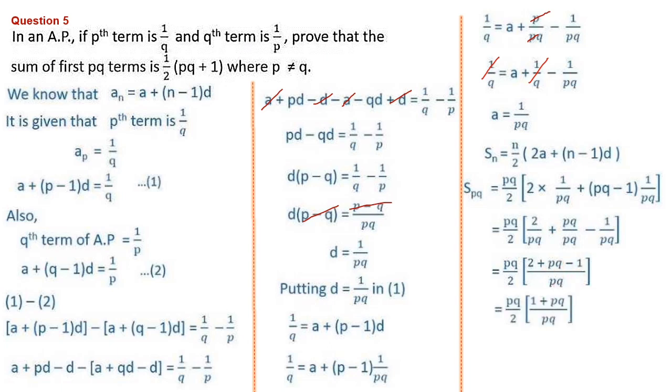That means pq divided by 2 into 2 minus 1, 2 minus 1 is 1, so 1 plus pq by pq. Here pq is common for both numerator and denominator, so we can cancel the pq. That means we will be getting 1 by 2 into pq plus 1. This is what we have to prove, 1 by 2 into pq plus 1. Hence proved.